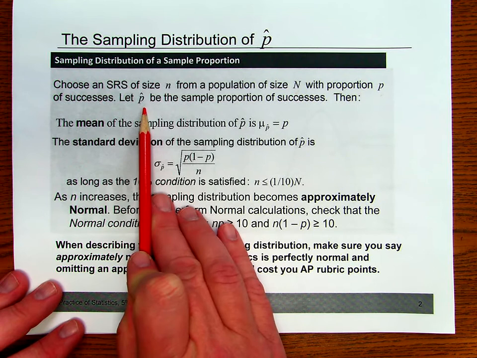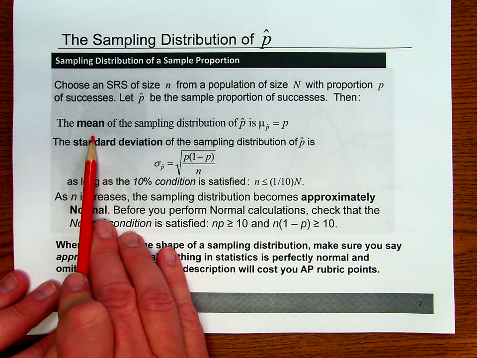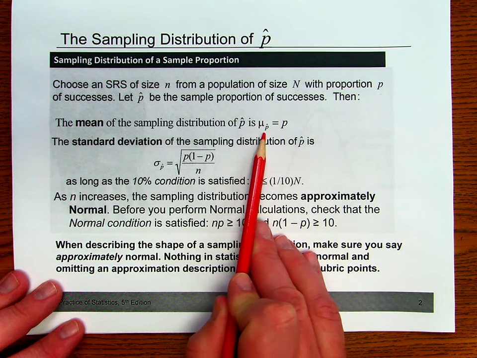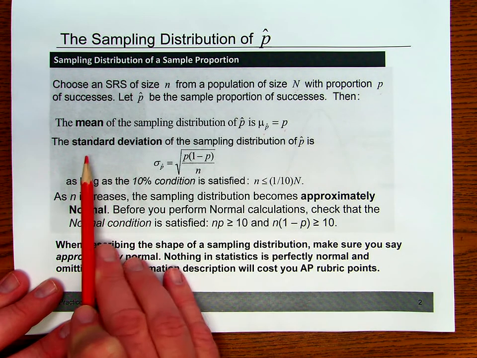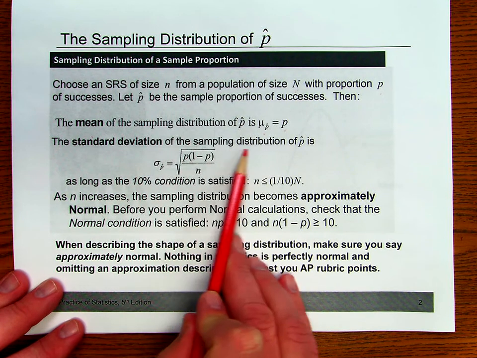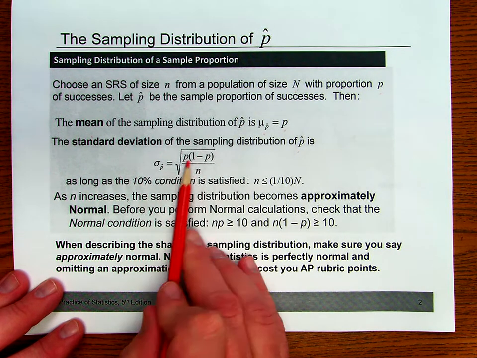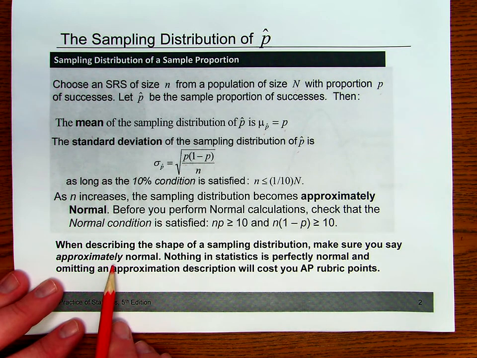P hat is going to be the sample proportion. So the mean of the sampling distribution, the mean of p hat, is equal to the population proportion. The standard deviation of the sampling distribution of p hat is this guy right here. p is the population proportion, n is the sample size.